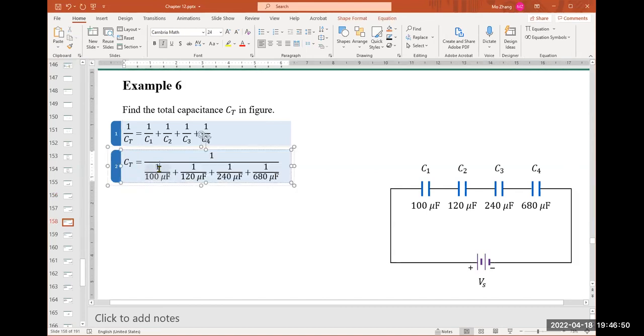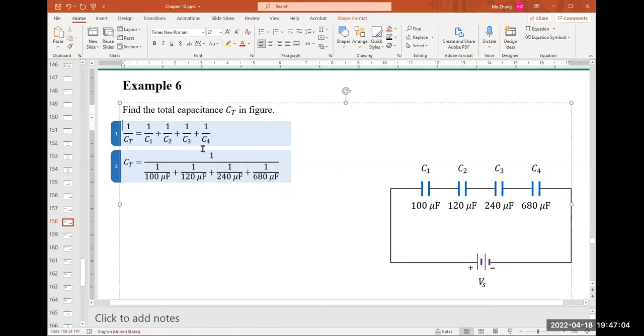So 1 over C1, C1 is 100 microfarad. C2 is 120 microfarad. C3 is 240 microfarad, and C4 is 680 microfarad. Right, so now the rest of the work is just to enter these numbers into a calculator. I will show how to enter it.